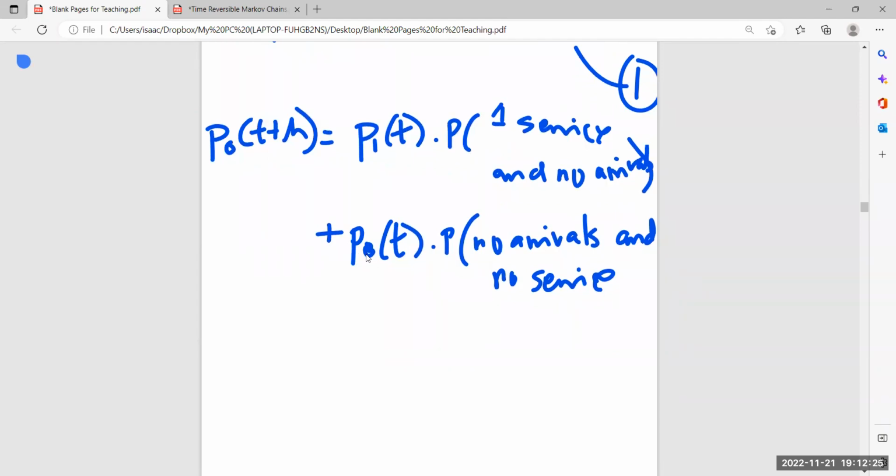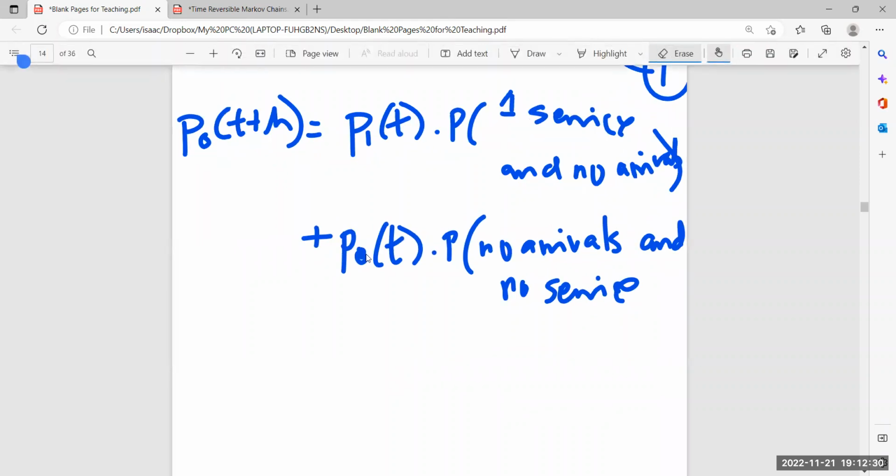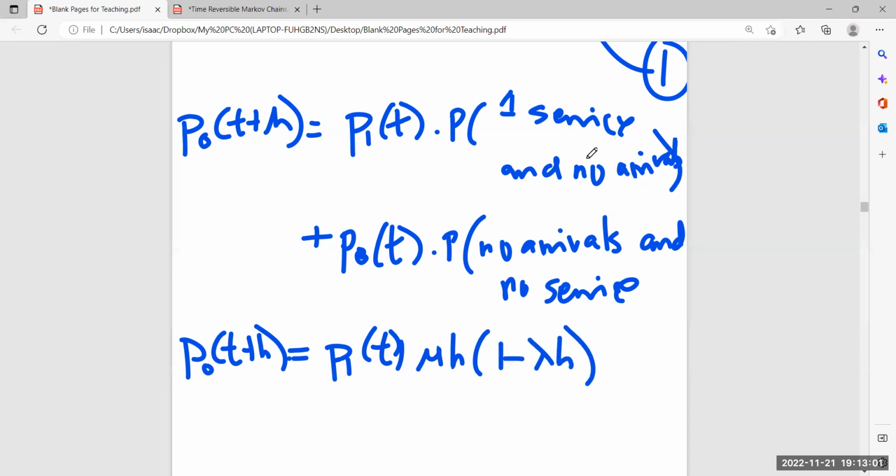And we're going to repeat the process again, what we did before. We're just going to write down P0 at t plus h is equal to P1 at t. Now, that means P1 at t means you have 1 item at time t, but then you must have 1 service and no arrivals. So 1 service is mu h, and no arrivals is 1 minus lambda h.